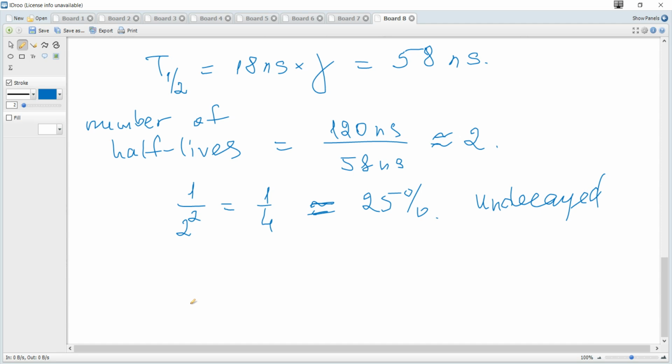Hence using special relativity gives agreement with experiment.